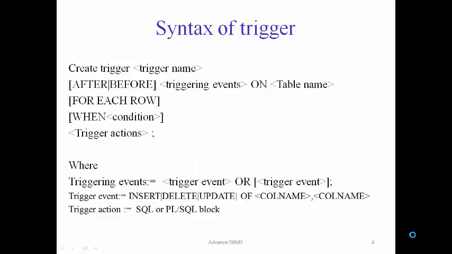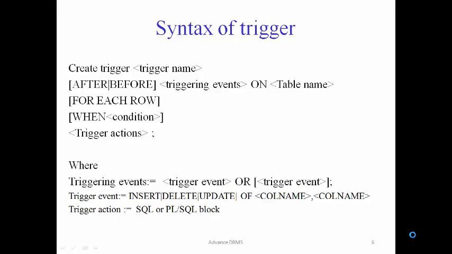The syntax of a trigger is as follows. We create triggers using the CREATE TRIGGER command in SQL. So CREATE TRIGGER, any user-defined trigger name. Next, AFTER or BEFORE triggering events, ON table name, FOR EACH ROW, WHEN condition, trigger actions. The words in capital letters are all keywords in SQL.